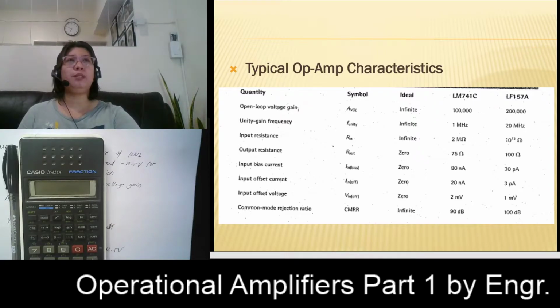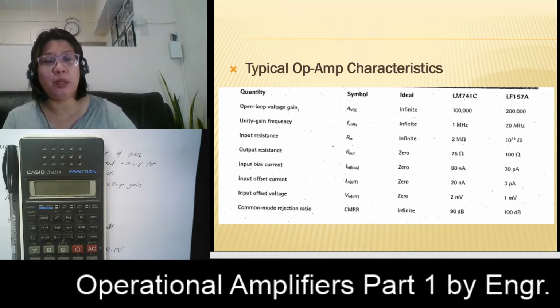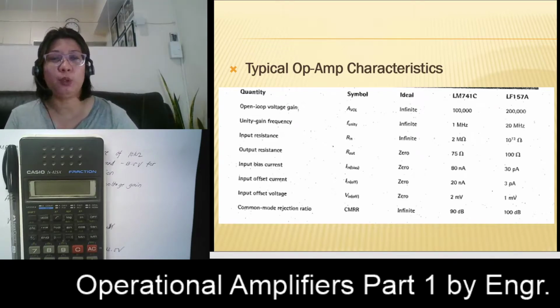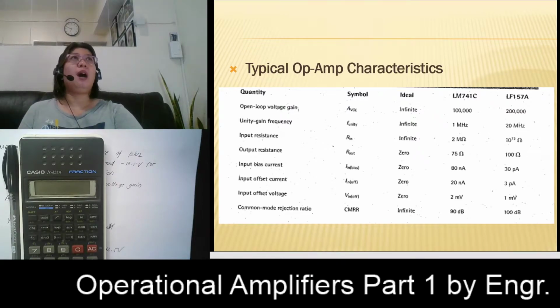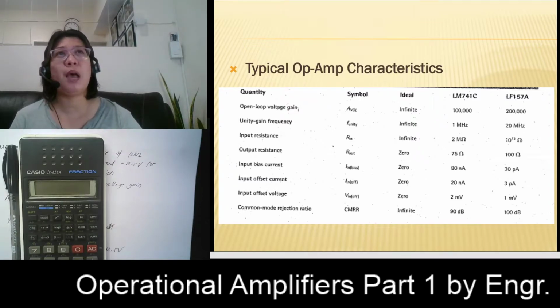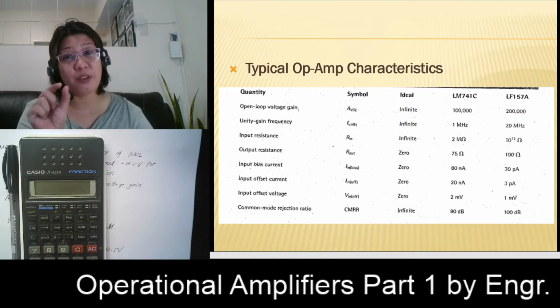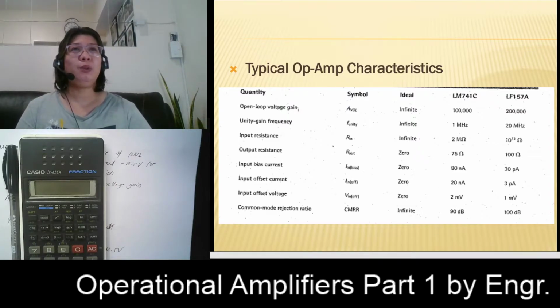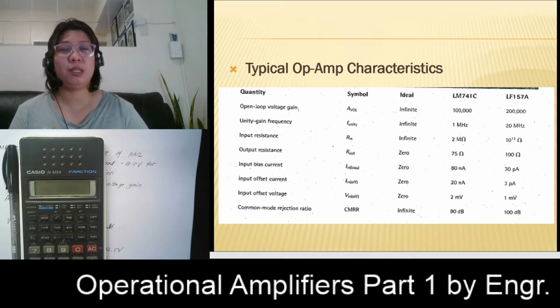You might be wondering, what if I place an input equivalent to 1 volt? Would I expect an output equivalent to 100,000 volts? Because that is what gain is all about. Usually operational amplifier output swings are very, very small, so how do we expect it to have an output equal to 100,000 volts?